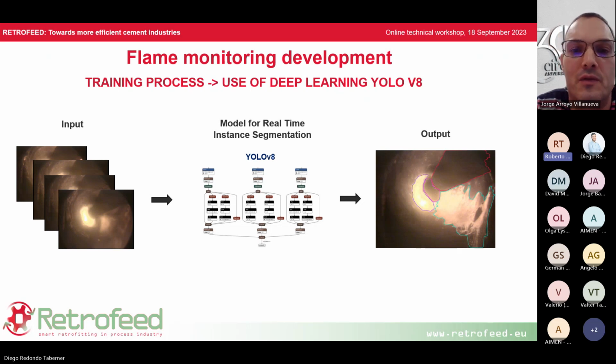If you work with artificial vision applications, you will know them, because they are used to identify elements in videos and images. And finally, we developed an app with an output, shown in the next slide.